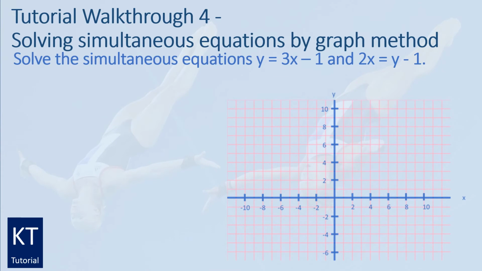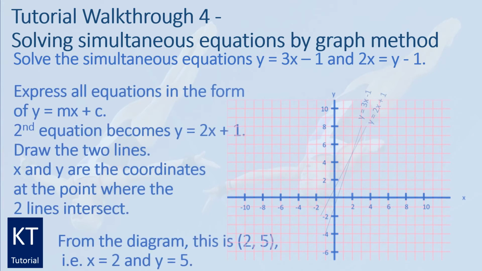In tutorial walkthrough 4, we're going to look at solving the same set of simultaneous equations by the graph method. By the graph method, you want to express all equations in the form of y equals mx plus c. This turns the second equation into y equals 2x plus 1.